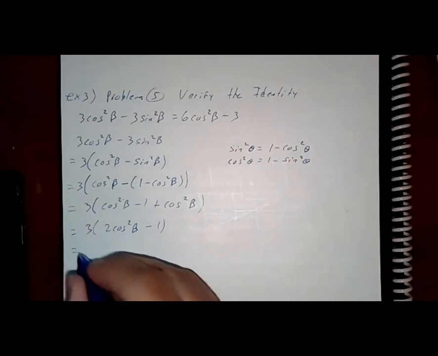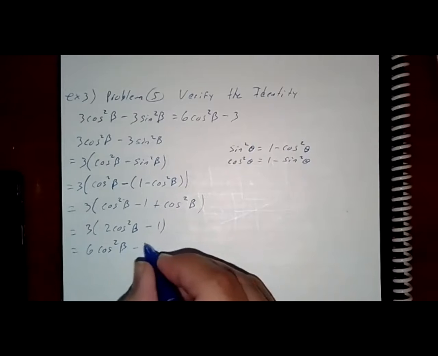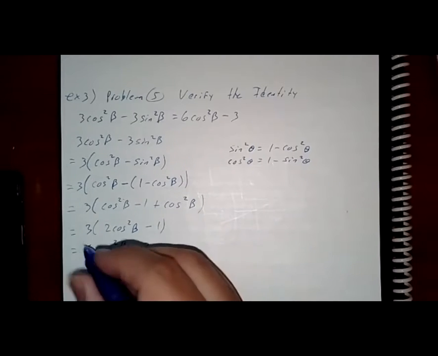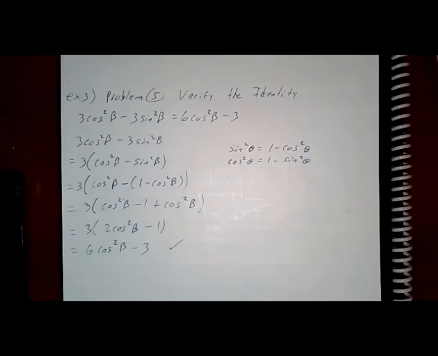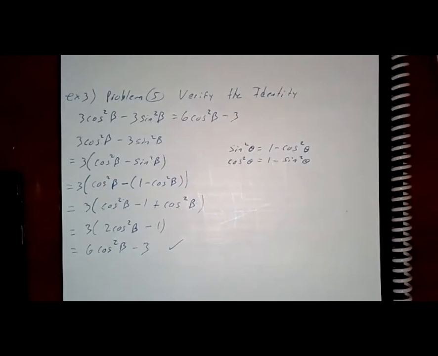Distribute the 3, and you get 6 cosine squared beta minus 3. And that's what we wanted to show, right? We wanted to get there. So we have proved that they are equal. We have verified the identity.